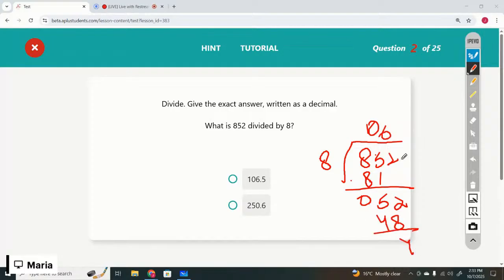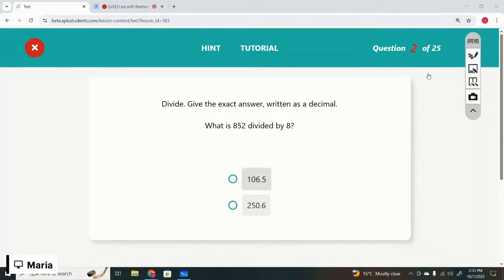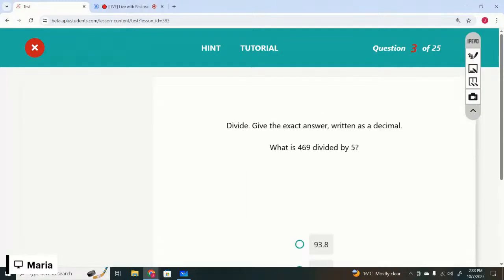We have 4. Add a decimal point over here and in the answer also add a 0. 8 times 5 is 40. That is 106.4. The correct option is 106.5. Option number 1 is the correct option.